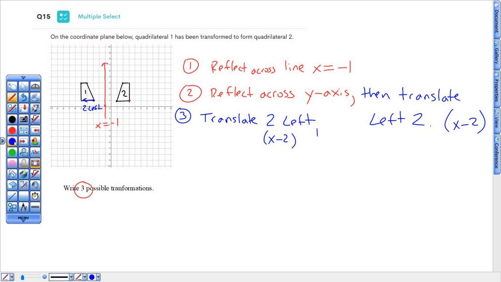If I did that, let me show you where that would be. And then let's see, did I make a mistake there?